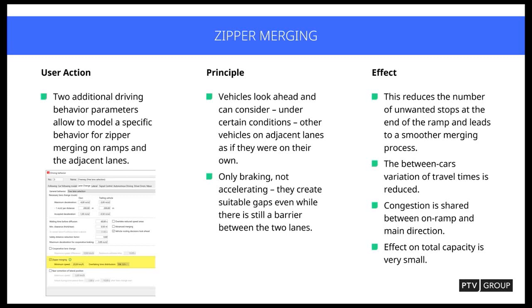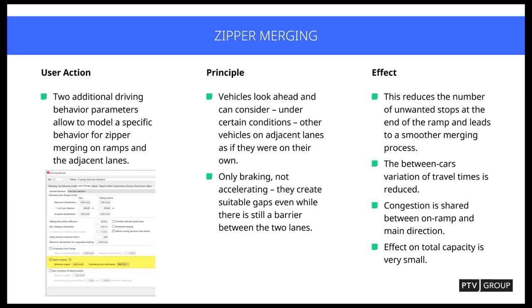And it means, in a nutshell, that under certain conditions, a driver would consider a vehicle on the neighboring lane as if it was on the same lane for their own braking or accelerating.